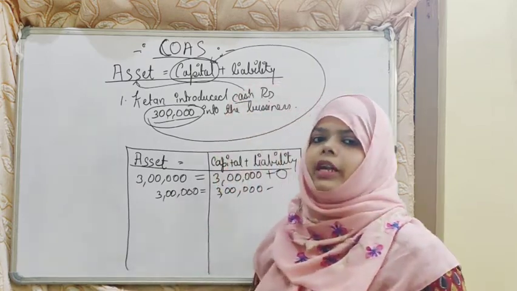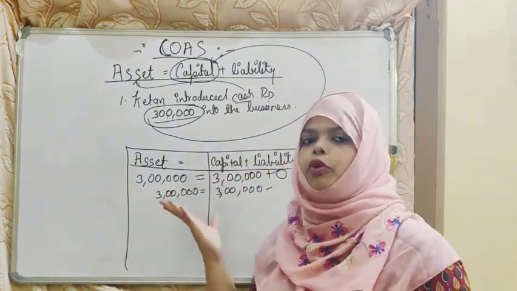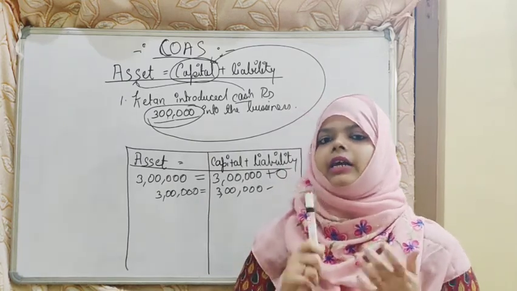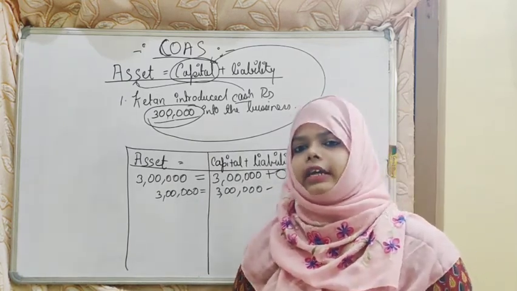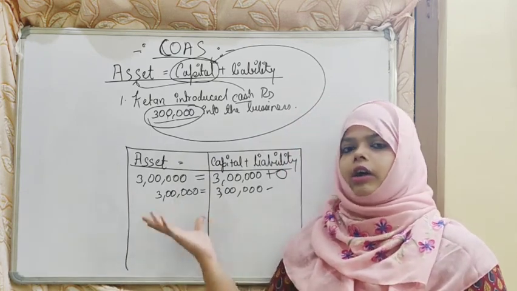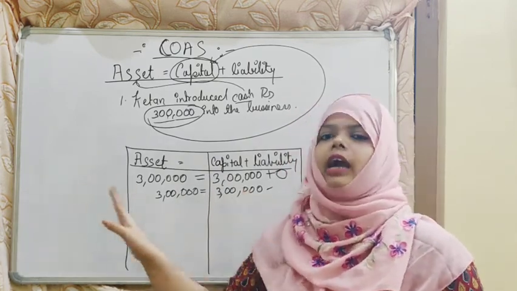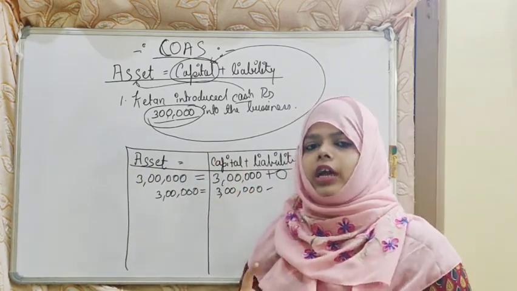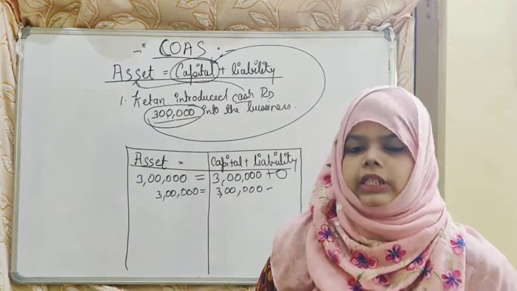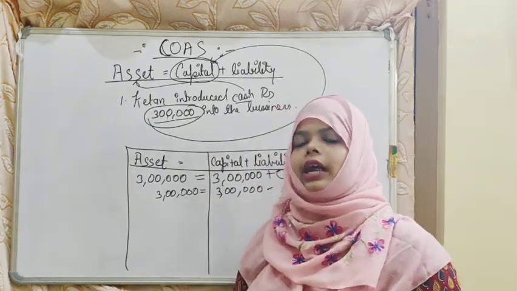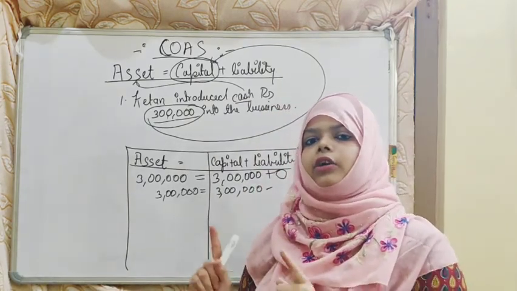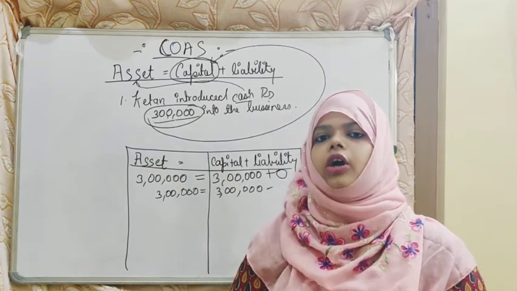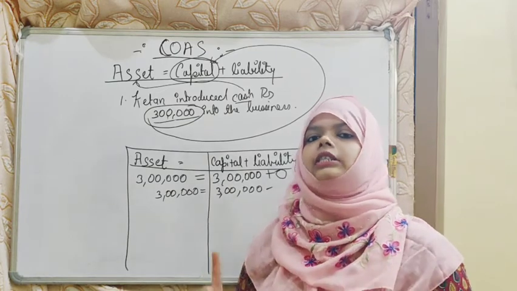This is as simple as that. We just have to put the amounts, recognizing the asset part, the liability part and the capital part in the following transactions, in the correct place, and make an accounting equation, that is asset is equal to capital plus liability. If there is a commencement of the business, then cash is introduced, and cash is part of the asset, and the introduction of cash for the beginning of the business is the capital.